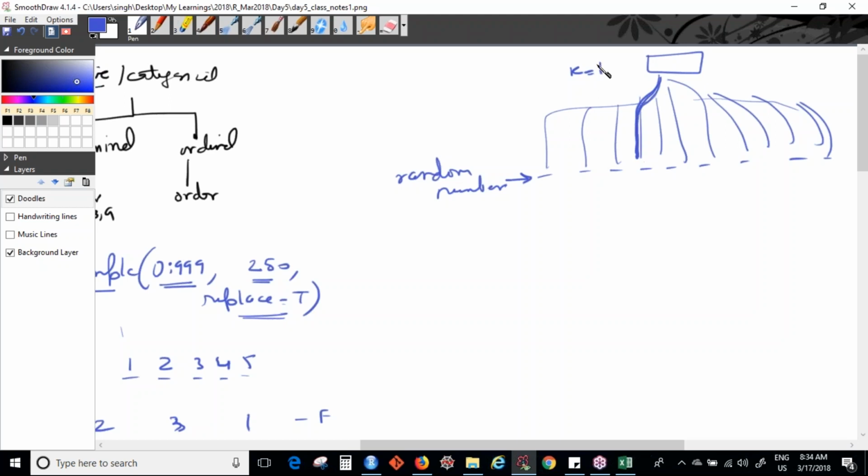Every time you give k is equal to 1, it will follow the same step, follow this line, and give you the same random number again and again. You give a different constant, it will go to a different line. Let's say this is k is equal to 5. When you give k is equal to 5, it will always follow this branch and give you these random numbers. Which constant you follow is not important. The only thing that is important is it should be the same constant every time, for the same operation.